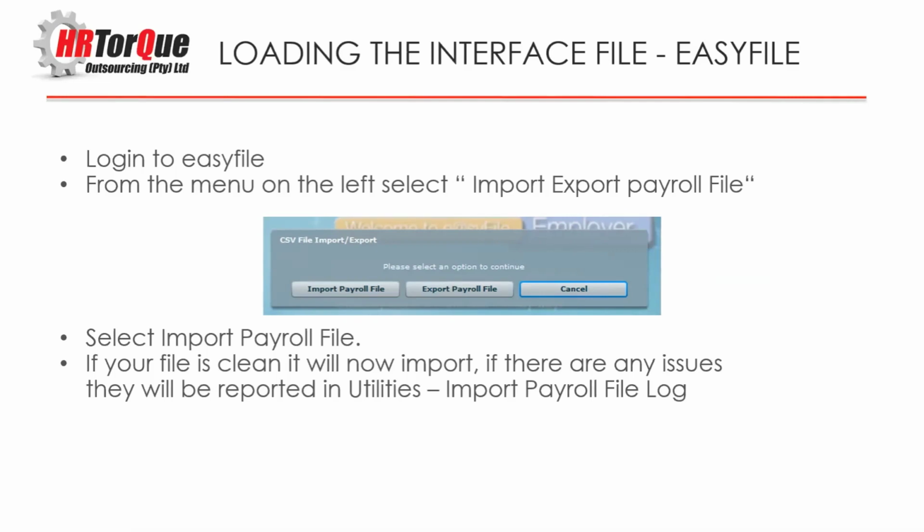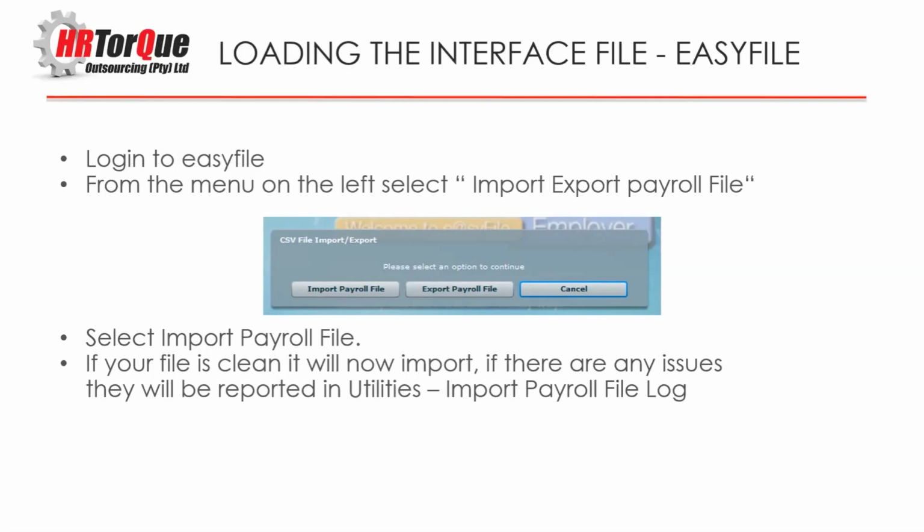So you load the software, do your login as you would normally do, and then from the left-hand menu you select import, export payroll file. Obviously you are doing an import, so you click on import file, follow the prompt, and navigate to the file that you downloaded from the payroll software.